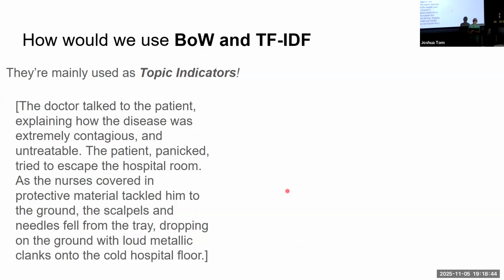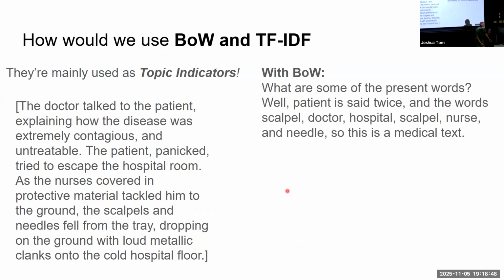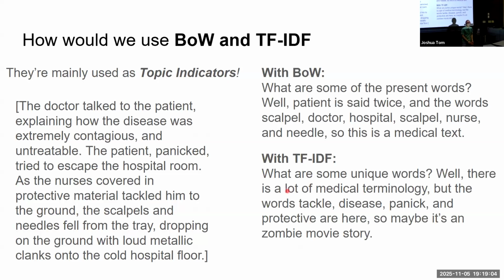It's also got tackling, contagious, untreatable, panic. So if we were to use bag of words, it looks at that list and says, hey, patient shows up a lot, doctor shows up a lot. That means this is probably a medical text, just based on how many times the words doctor and scalpel and all these medical things show up. And if we were to use TF-IDF, it might look at the more unique words.